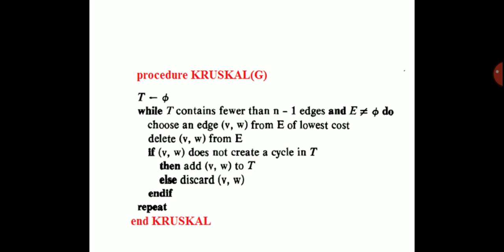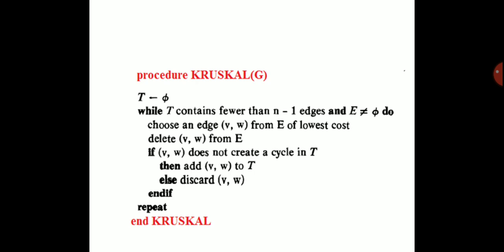T is the set of edges of the spanning tree. Or else discard v comma w. If it creates a cycle, it has to be discarded. It should not be added to T if it forms a cycle, but it has to be deleted from E.